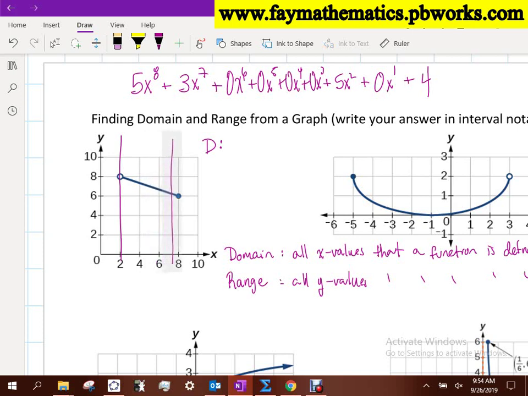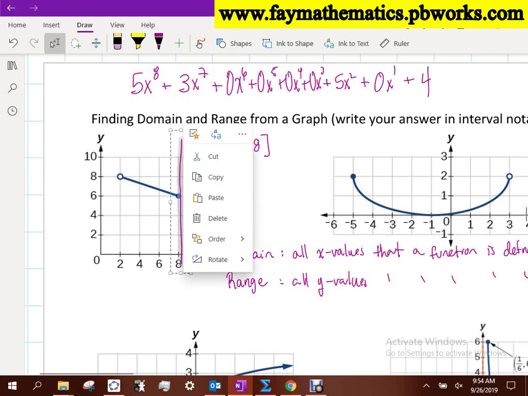What's the last x value I would use? I would use 8, right? So the domain, do you guys agree, would be all the x values that fall in the interval 2 to 8. Now, if there were any domain values in between there that were open dots or breaks in my graph, we would have to make note of that. But that's how we do the domain.